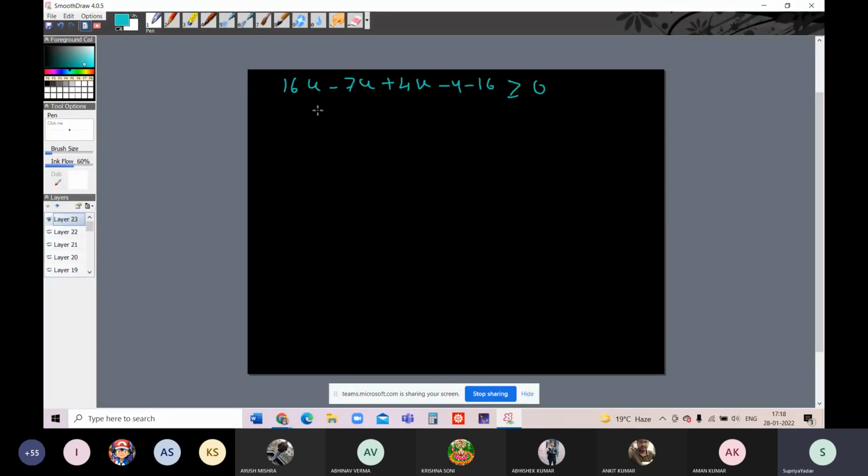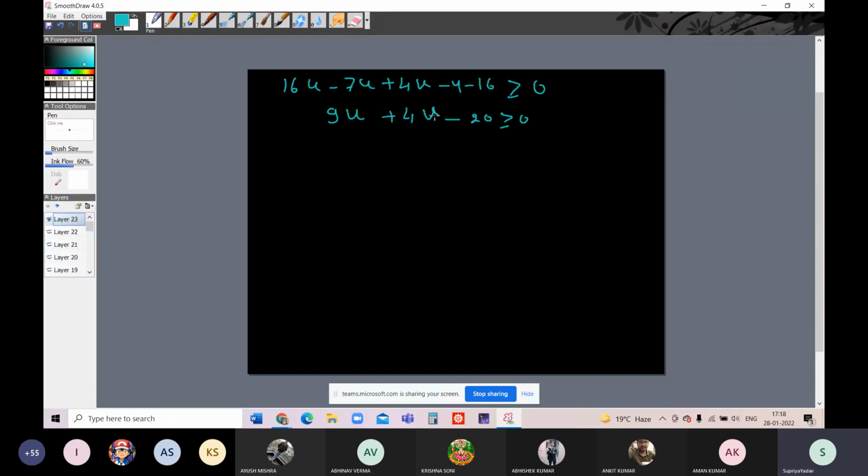So from here we can write 9u, yes, 9u + 4v − 20 greater than 0. So this is representing a straight line.